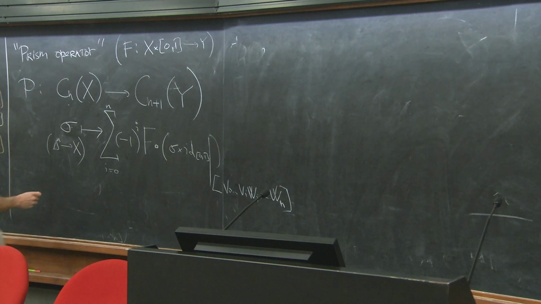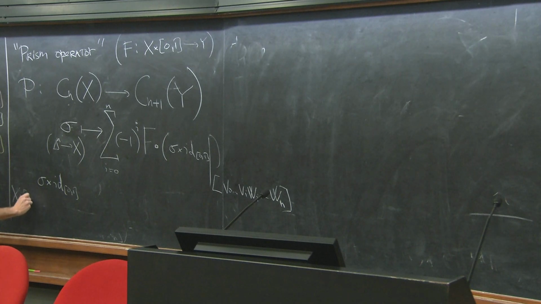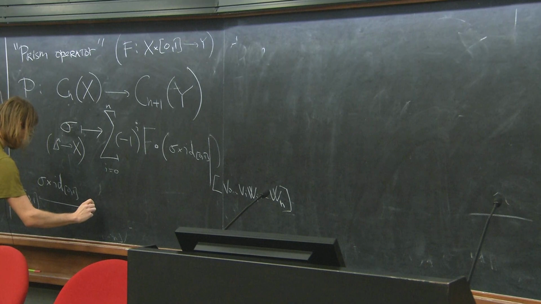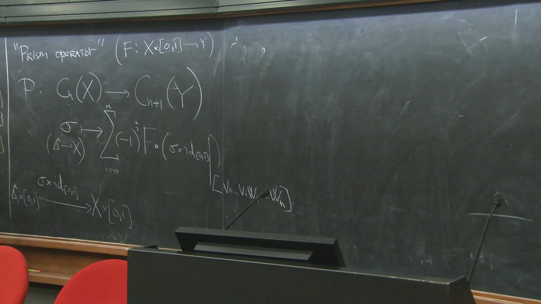Okay, sigma is a map from delta n to X. So sigma times the identity on the interval gives you a map from the simplex times an interval to X times an interval. Right? You just use sigma to map points in delta n to X, and you just act by the identity on this interval.